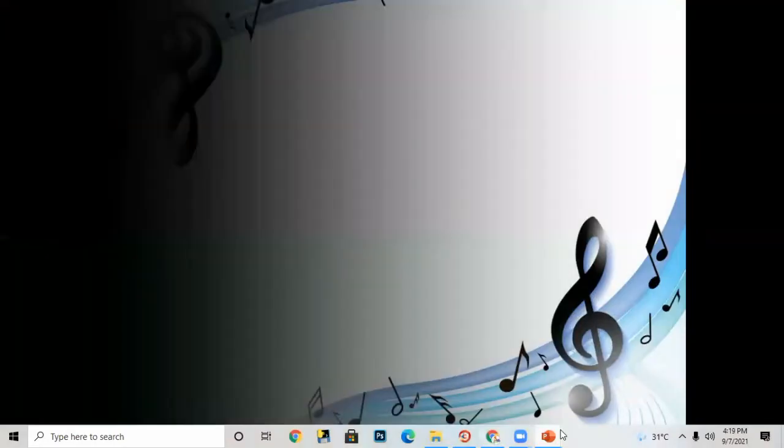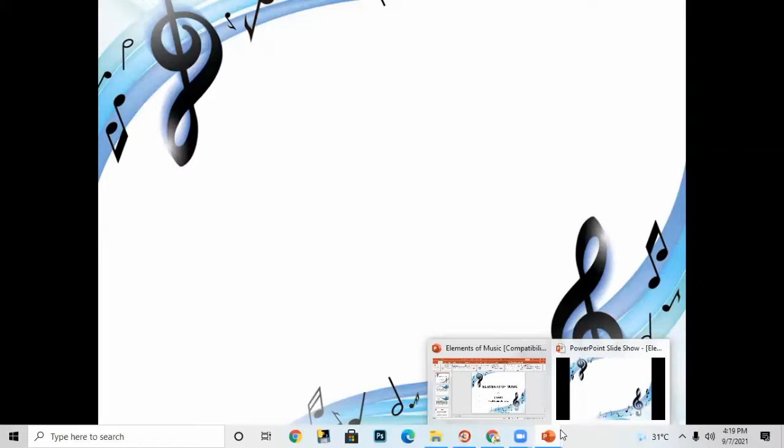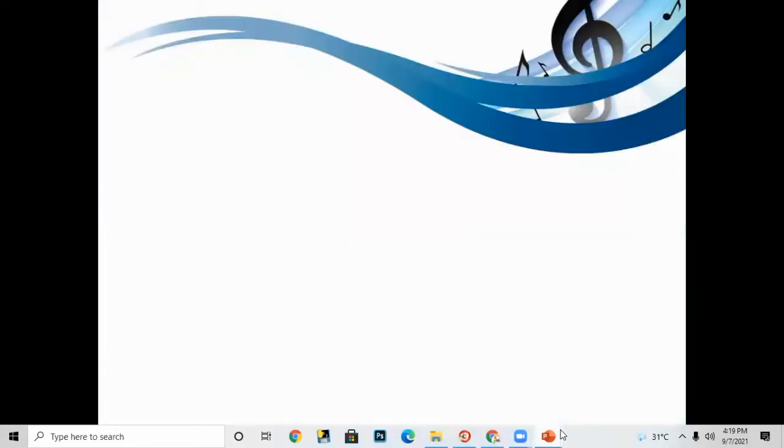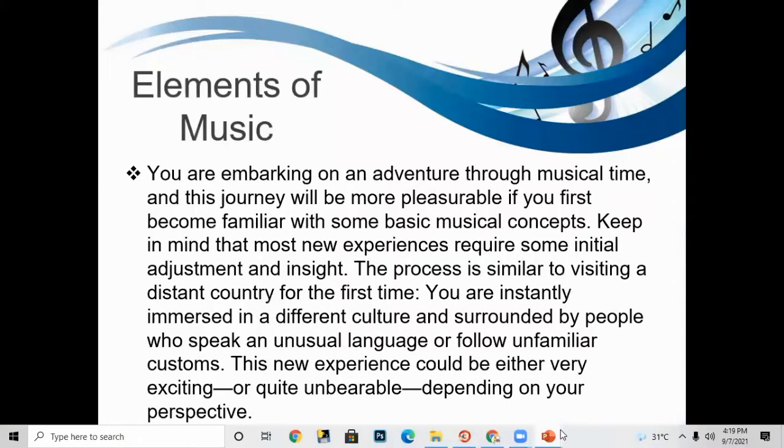All right. Okay, so as you can see, the elements of music, yours truly, your maestro Paul Luis Serrano in the house. Elements of music. You are embarking on an adventure through musical time. And this journey will be more pleasurable if you first become familiar with some basic musical concepts like the elements of music. Siyempre sa lahat ng mga like elements of dance, ganyan, elements of arts. So same true with the music.